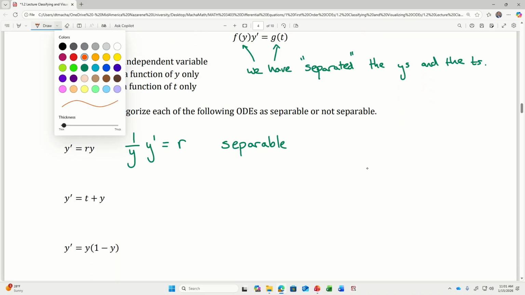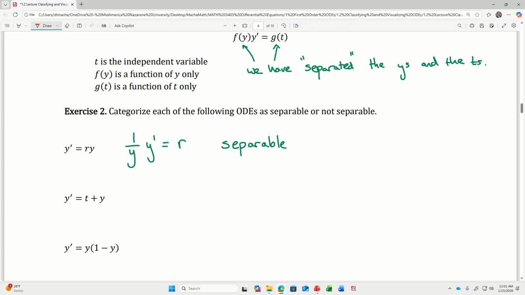In the next one, I've got y prime equals t plus y. Is that one separable? I would say yes, because you can move the y to the other side. Okay. So I could write it like negative y plus y prime equals t. But this is not separable, because I have to be able to multiply some function of y times y prime.